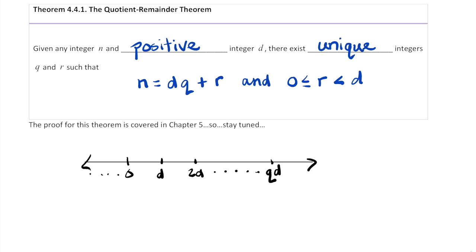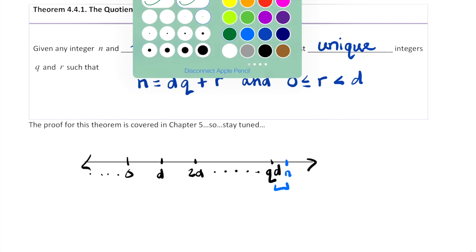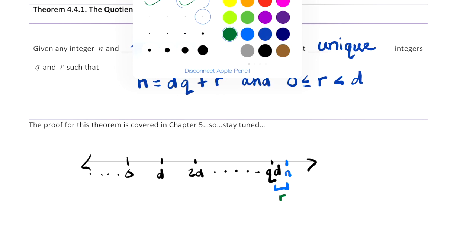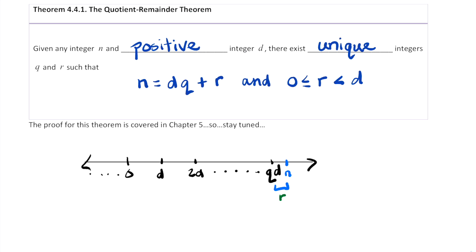That's how you get that quotient. But there ends up being some spot where n might end over here. Notice that's purposely a little bit less than your divisor, whatever it may be. And what lies here is our remainder.